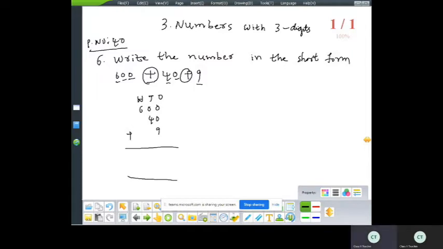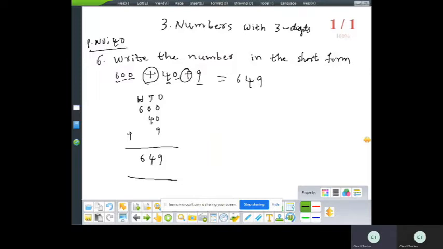Put place values: 0 plus 0, 0 plus 9, 9, 0 plus 4, 4, 0 plus only 6 is there, 6. This answer is 649. The short form is 649. 600 plus 40 plus 9 equal to 649.